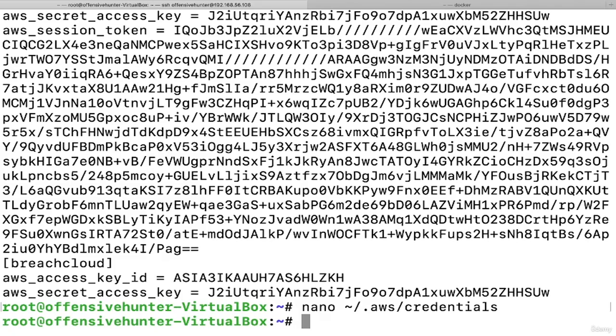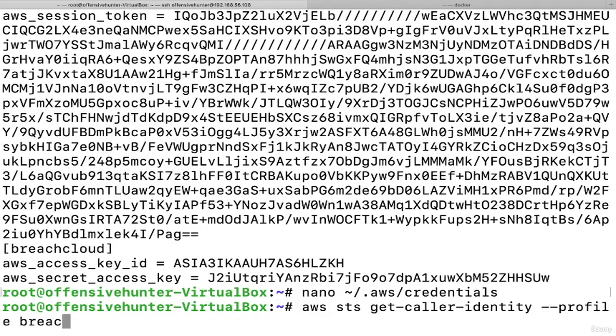Okay, profile file. Now let's just try to identify your caller identity. You can use aws sts get-caller-identity, and then you assign --profile breachcloud.